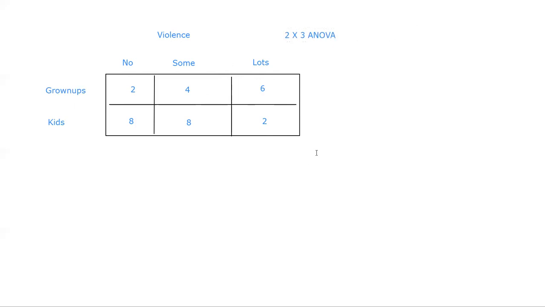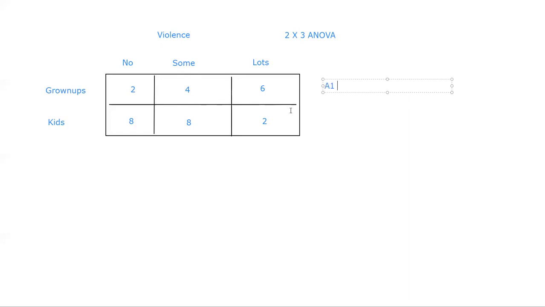Okay, so one thing that we're comparing when we're getting these 3 primary effects is the different means that we're interested in here. So for example, if we're looking at the main effect of age, we're comparing the mean of the grown-ups and the mean of the kids, regardless of what movie they saw. So we'll call this the A variable.